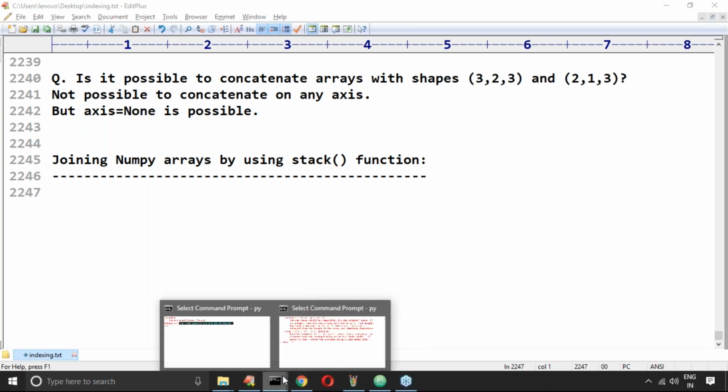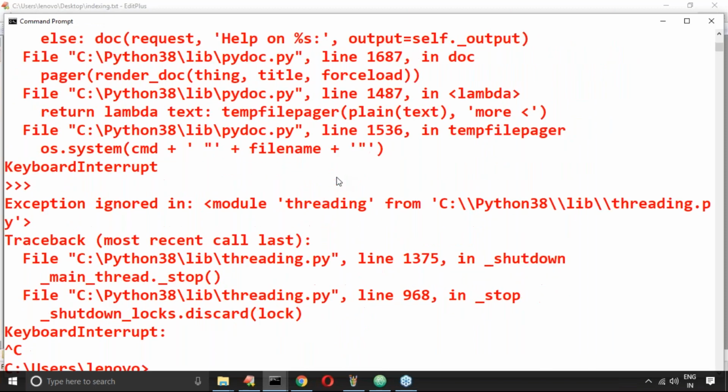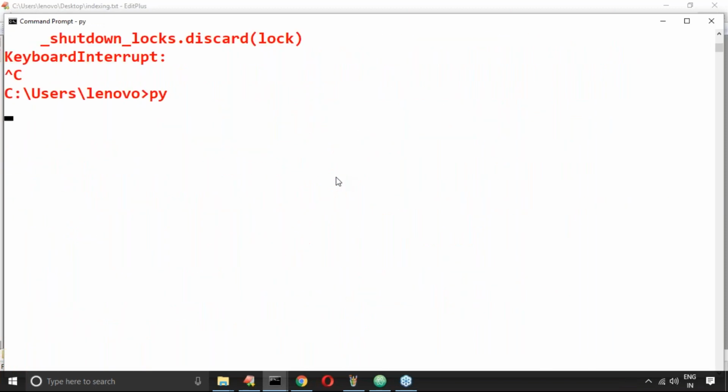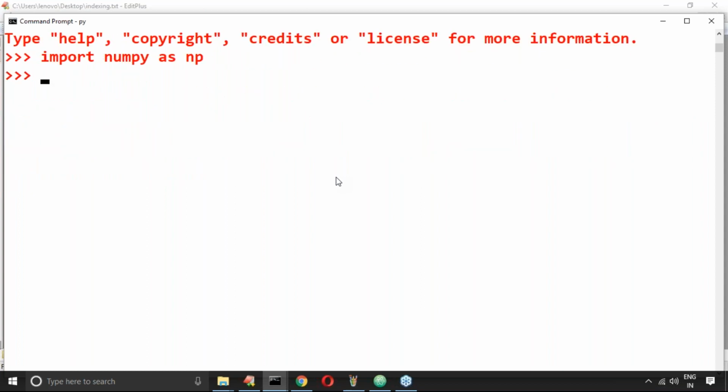Now my requirement is, observe carefully: import numpy as np. Now help on np.stack.